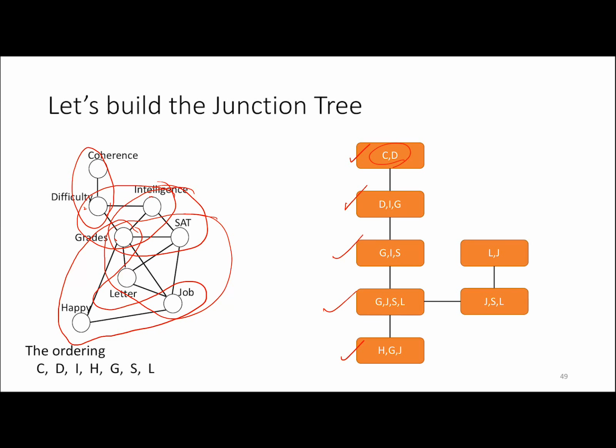What should be the things inside? What is shared across them? D is shared, and that's it, right? So D, I, G and G, I, S share I and G across them. Although I don't have space to draw it in the same ellipse or rectangle that I had earlier, I'm basically representing that for you. And if you follow this procedure, you have a clique tree.